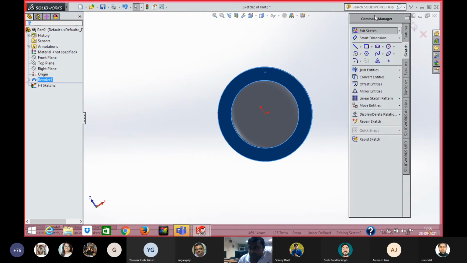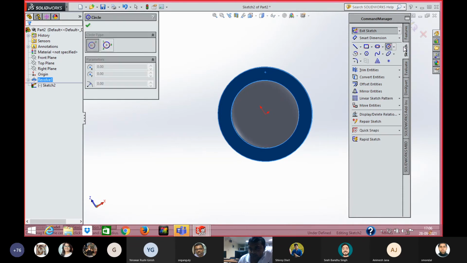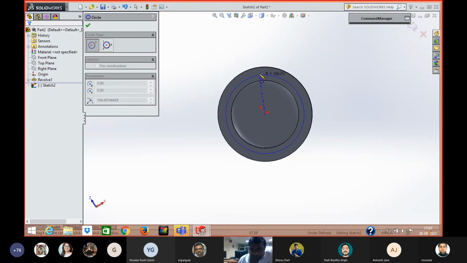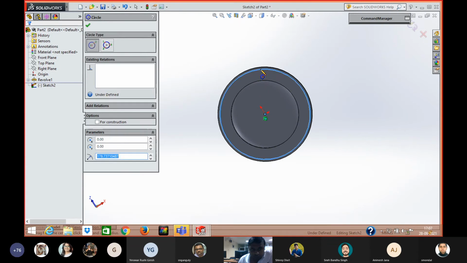We can go to the sketch. We can take a circle. We can take 175 mm.